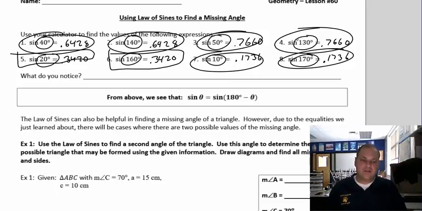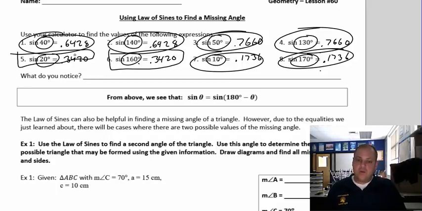Why are those pairings giving me the same ratio? Well, if you add 40 and 140, you get 180. If you add 50 and 130, it's 180. If you add 20 and 160, it's 180. If you add 10 and 170, it's 180. So when the angles add up to 180, the ratios are going to be identical.